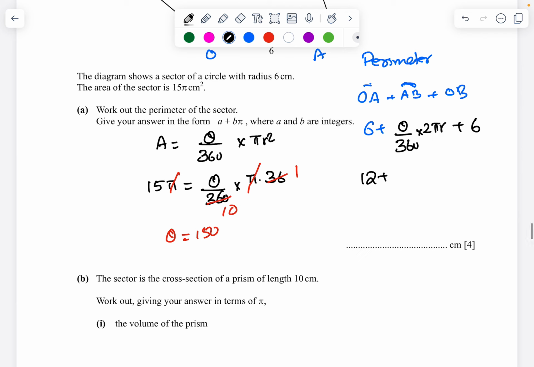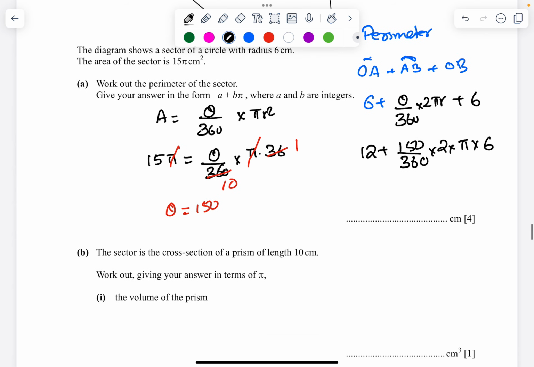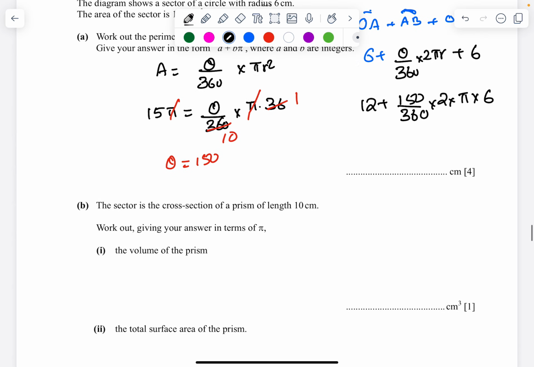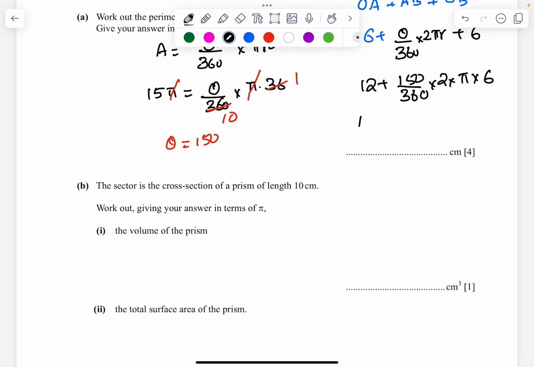So it's going to be 12 plus 150 divided by 360 times 2 times pi times r. R is 6. So that's going to be 12 plus 150 divided by 360 times 12 pi. 12 times 1, 12 times 30, 30 times 1, 30 times 5. So my final answer is going to be 12 plus 5 pi.